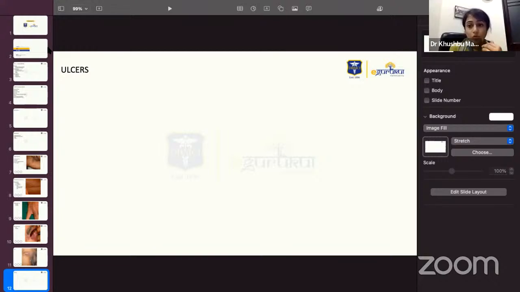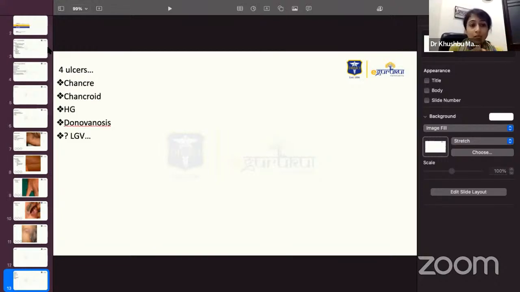I'll mainly help you differentiate between these ulcers. Sorry, I wrote 4. There are 5. Now, why have I given a question mark over LGV? Because LGV hardly presents with an ulcer. In LGV, there is an ulcer in the primary stage, but it is very transient.